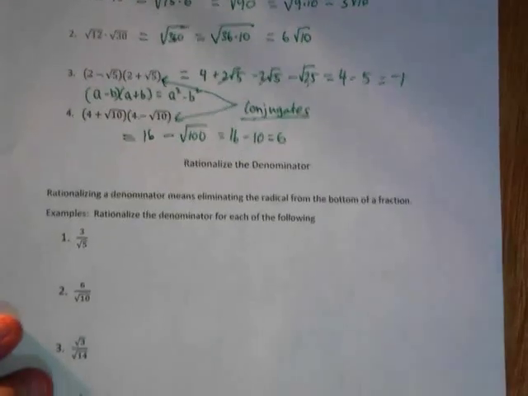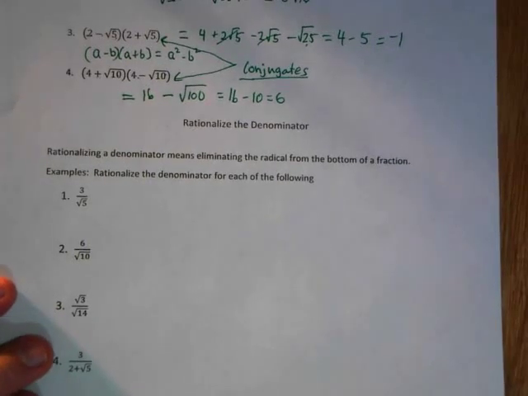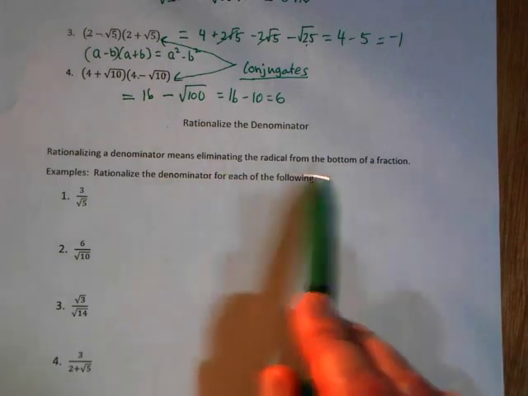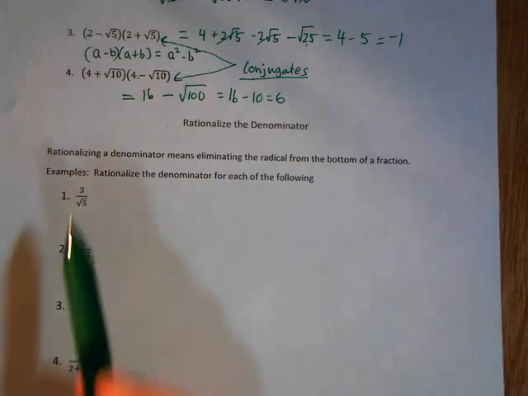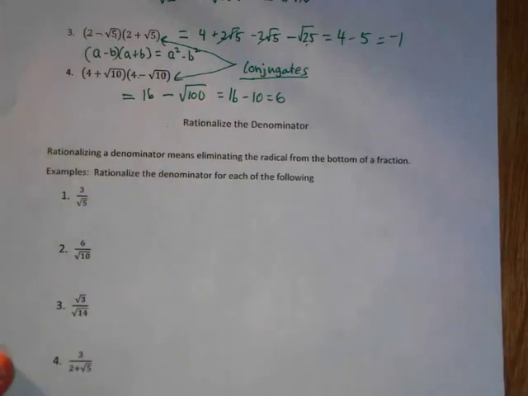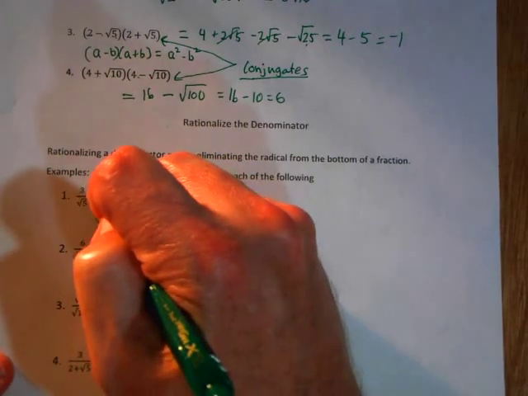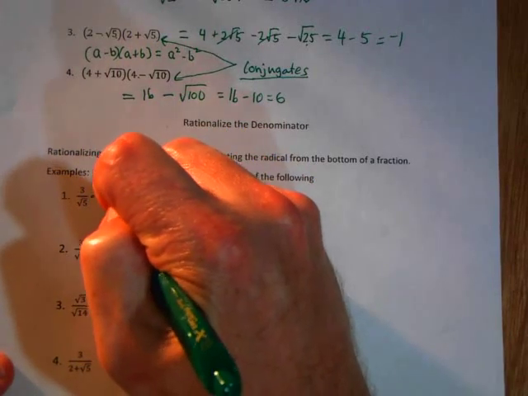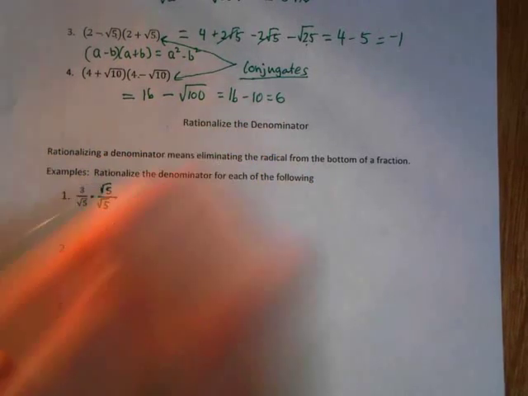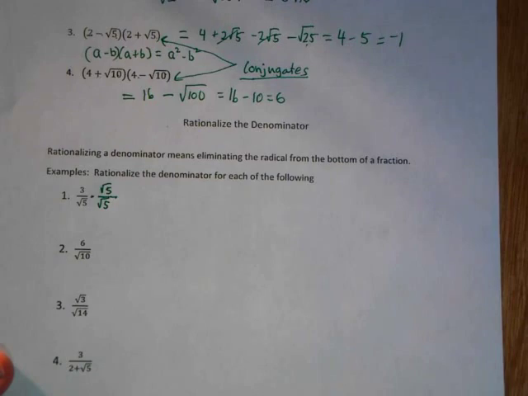Alright, the other thing that happens in this section is we talk about rationalizing the denominator. Rationalizing the denominator is fancy words for saying get rid of the square root on the bottom of the fraction. So if we have 3 divided by the square root of 5, we want to rationalize. If all you have is a single square root down on bottom, then you simply multiply top and bottom by that same square root.